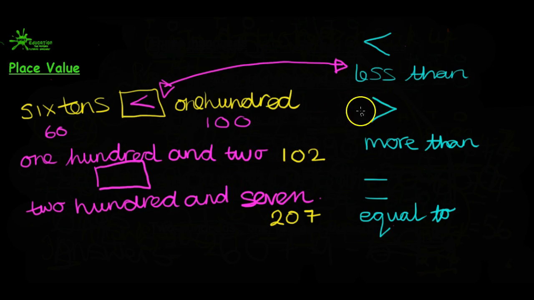So which symbol is going to go into the box? Let's read it as a sentence. 102, is it less than, more than, or equal to 207? 102 is less than 207. Let's do another one.